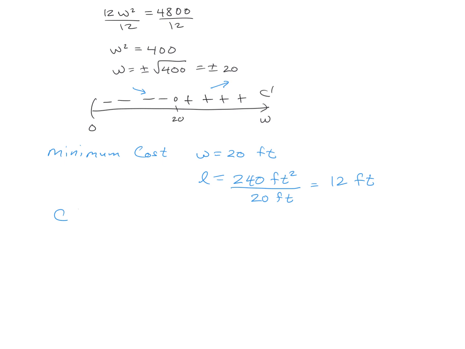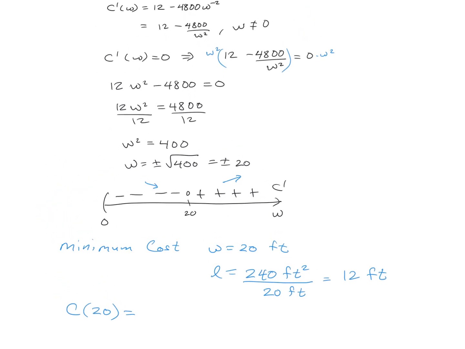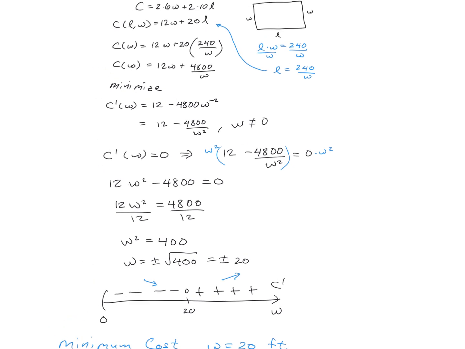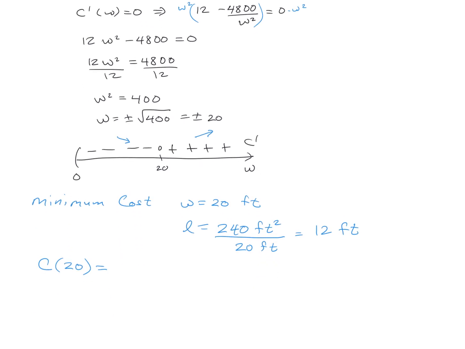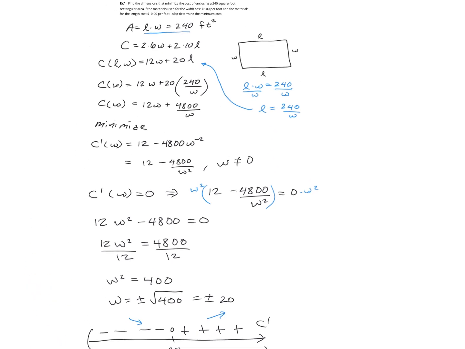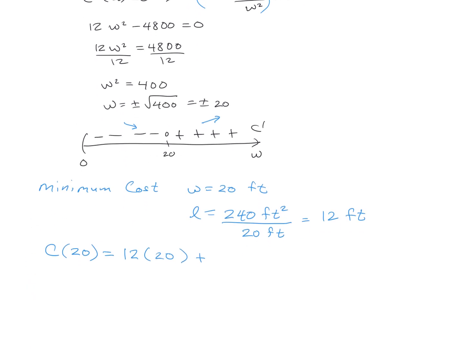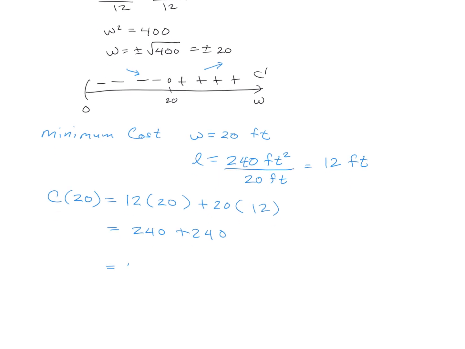Then our cost is going to be C of 20, which we saw earlier was equal to 12 times W, so 12 times 20, plus 20 times 12. That's 240 plus 240, which is $480 for our cost.